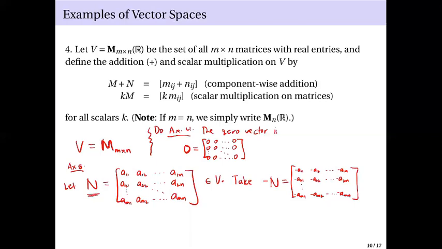If you add n and negative n, you must get the zero matrix. We know that it will end up with the zero matrix using all the knowledge that we know from chapter 1.